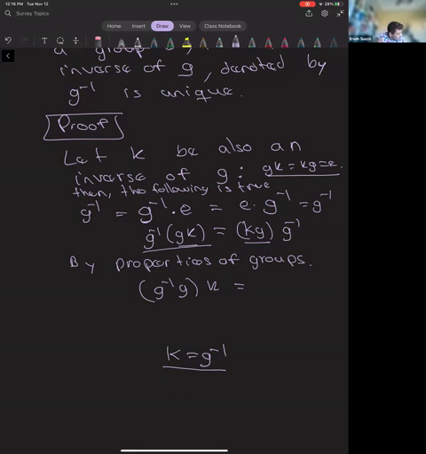I want to do GK, and I'm going to leave this one like this: KG, G inverse. So I can rewrite this one like this, by associativity of groups. And what is this? This is the identity. KG is the identity because of my assumption.